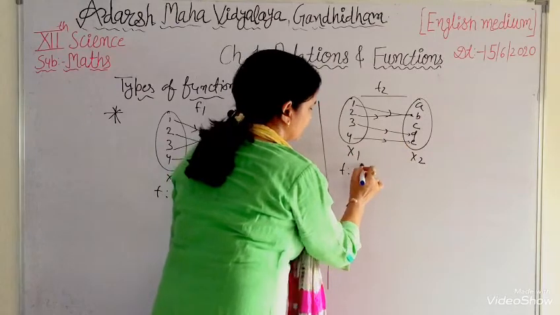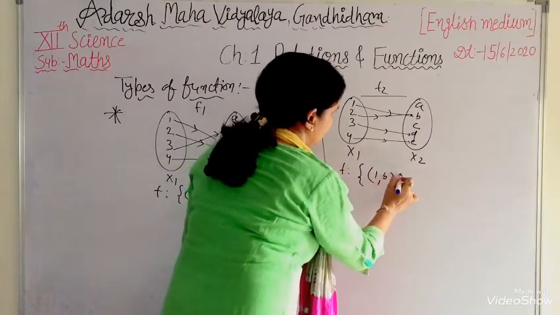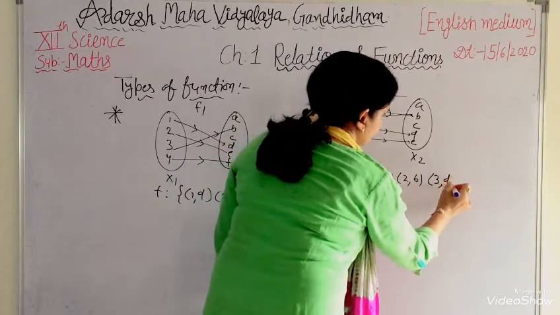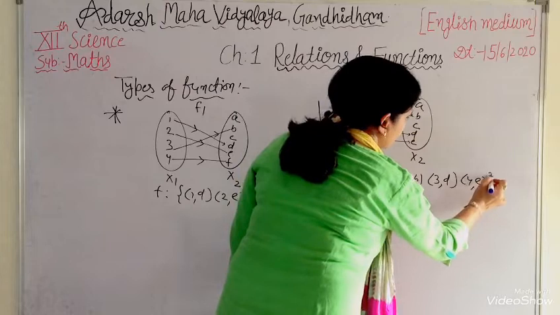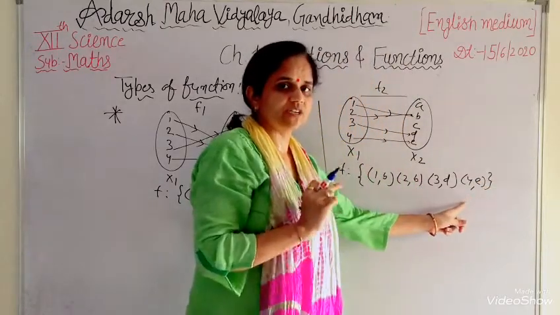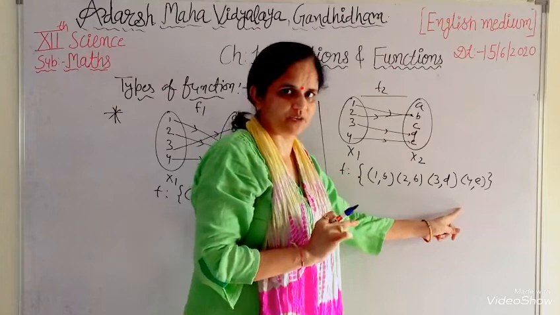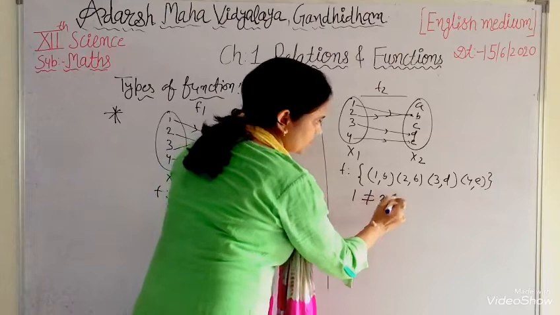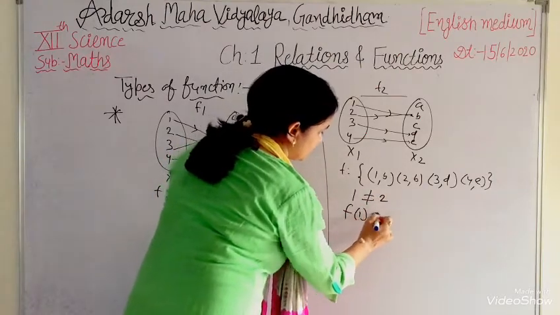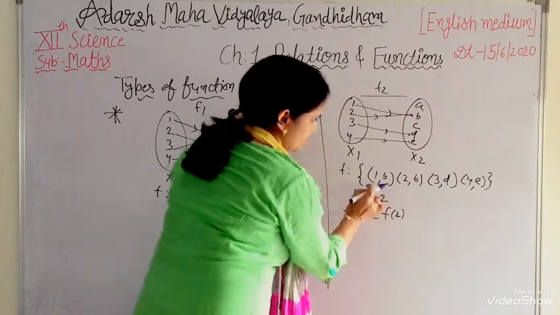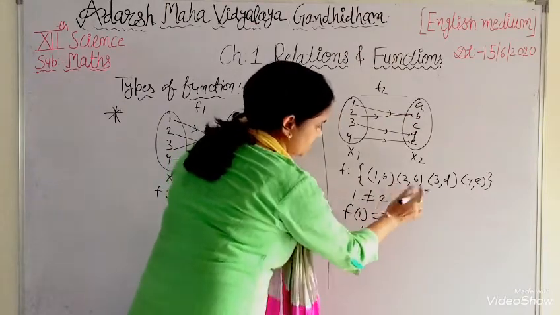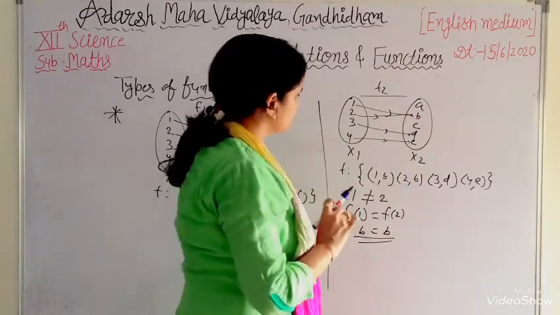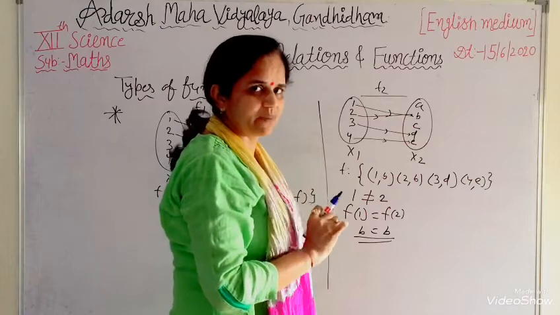Function is a special kind of relation, student. Okay. And we see that here 1 is not equal to 2 but image of 1 and image of 2 are equal. Image of 1 is B and image of 2 is also B. Images are the same. So this type of function is known as, student, many-one.